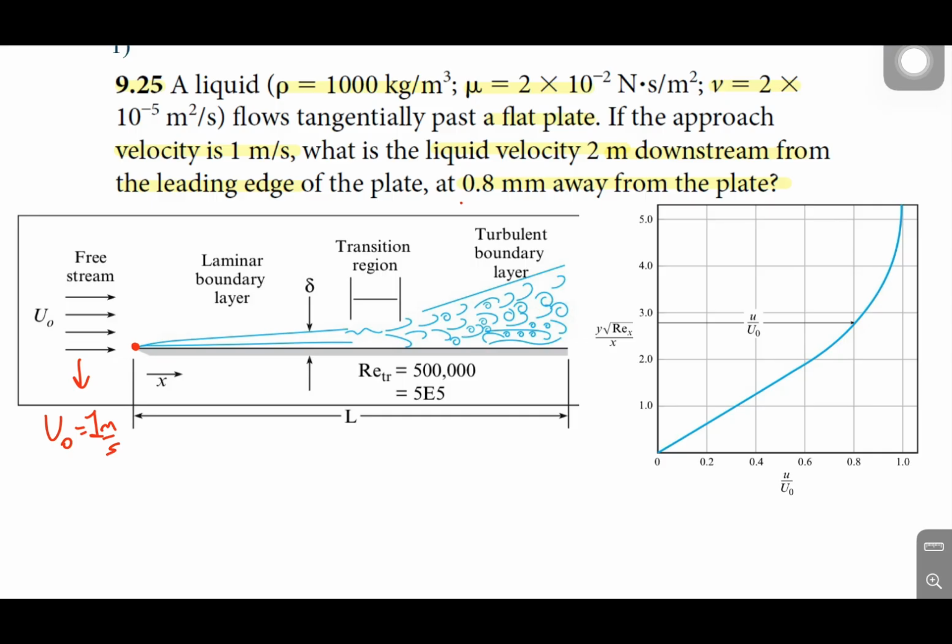Lastly, the question says 0.8 millimeter away from the plate, so it is actually this distance, 0.8 millimeters. We can also call this the thickness of the boundary layer.